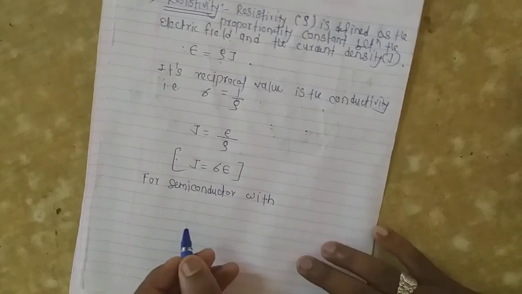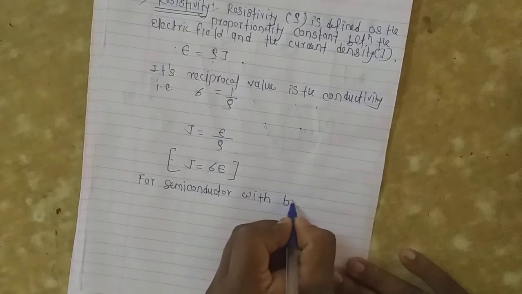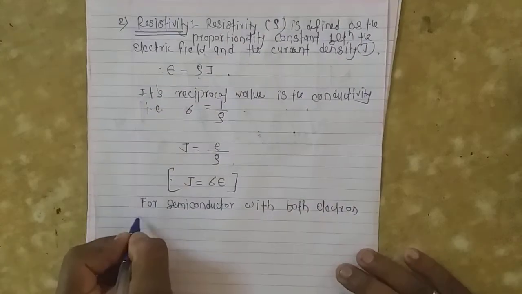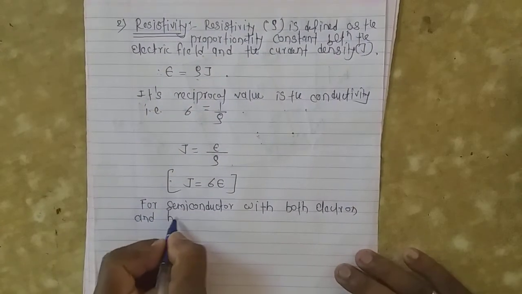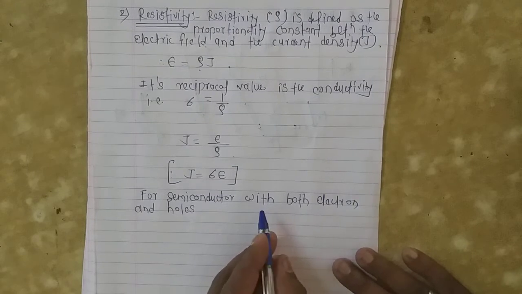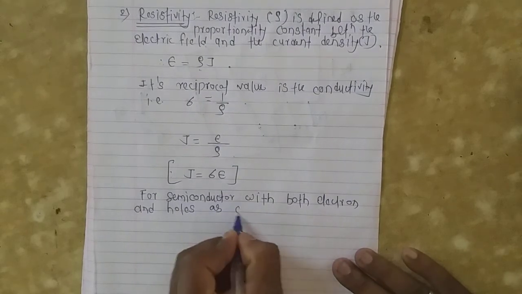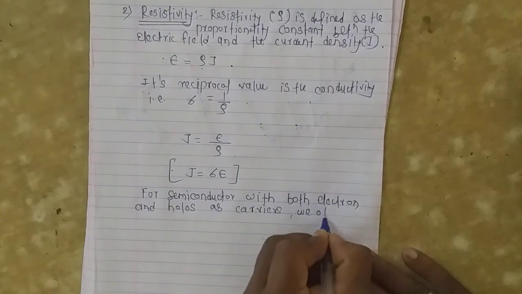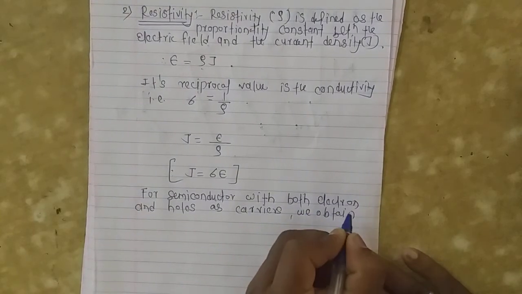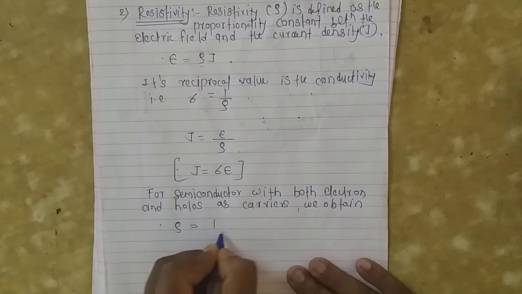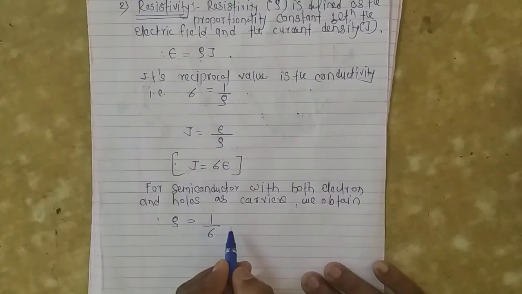But for a semiconductor with both electrons and holes as carriers, we obtain that rho is equal to 1 divided by sigma.